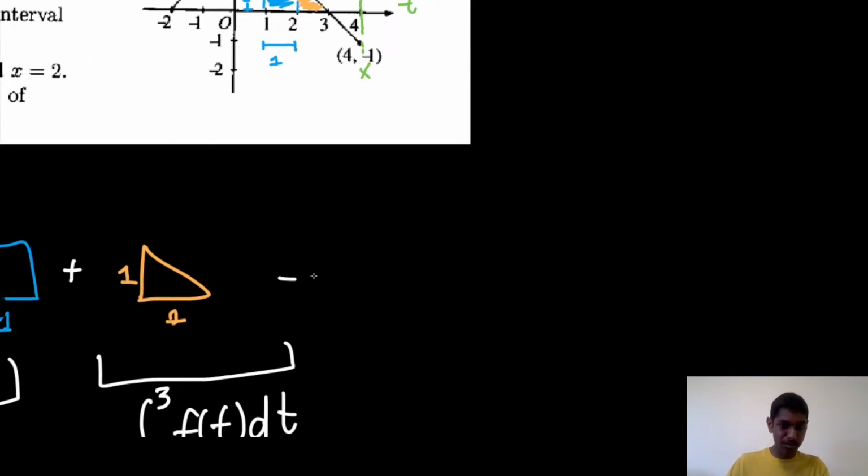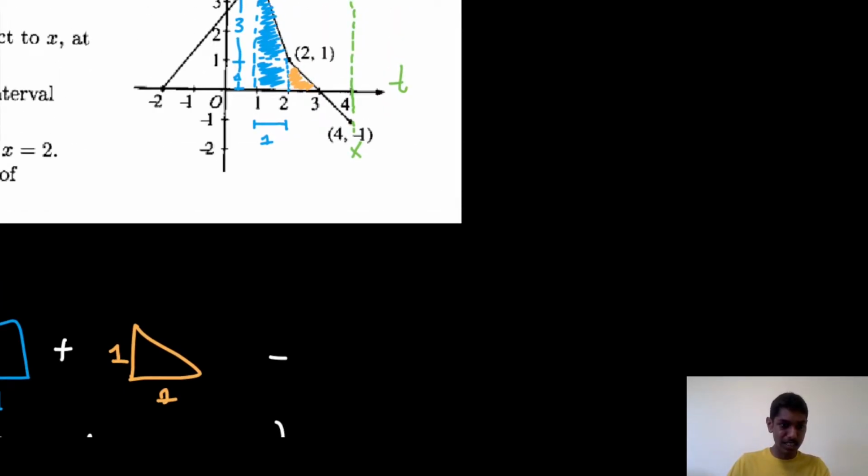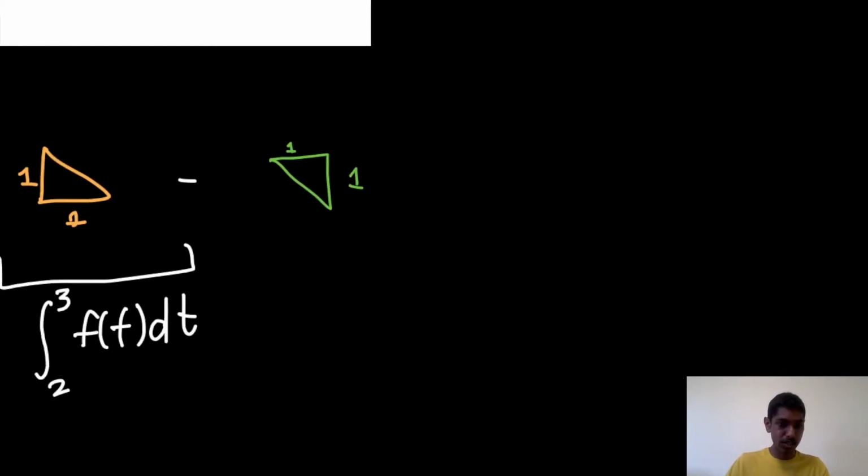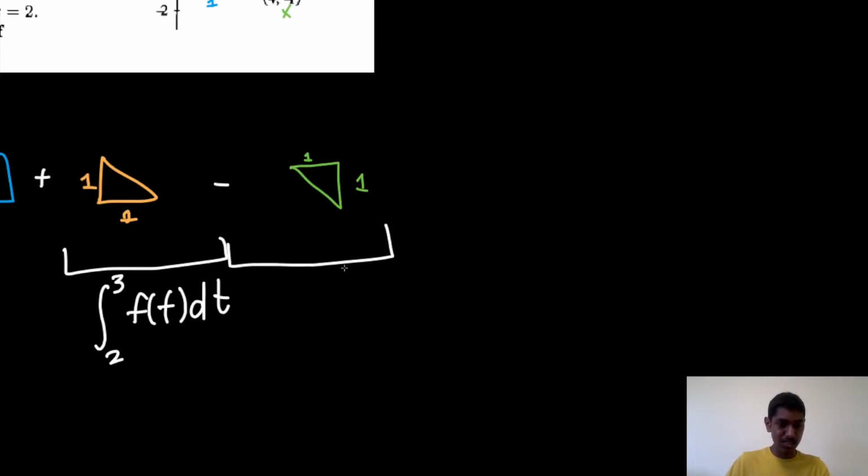And finally, we're going to subtract this green region right over here, which has the same dimensions, a 1 by 1 triangle, and this is going to be from 3 to 4 of f of t dt.